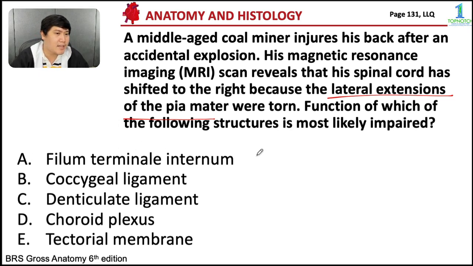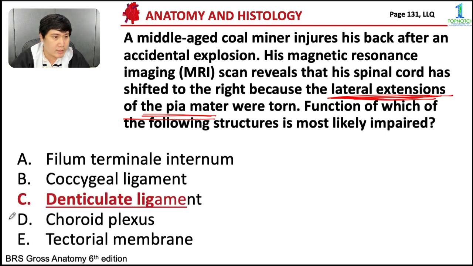Filum terminale internum, coccygeal ligament, denticulate ligament, choroid plexus, and tectorial membrane. Actually, there is only one answer. This structure is a lateral extension of the pia mater. It's the denticulate ligament.